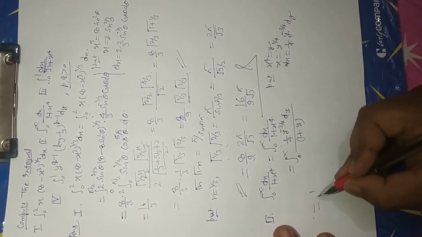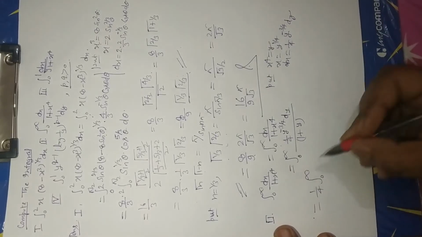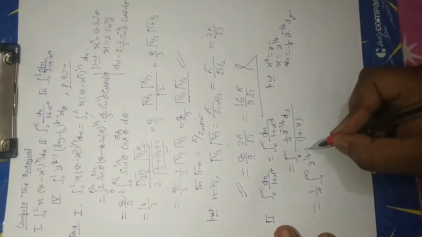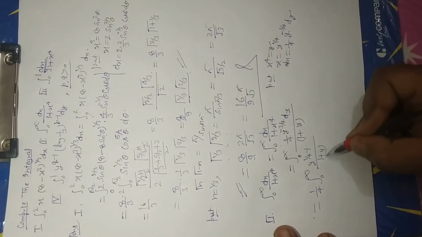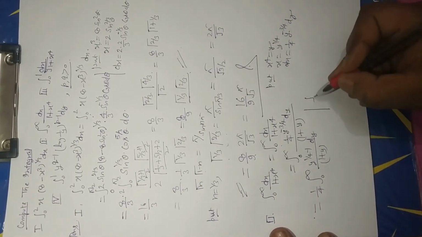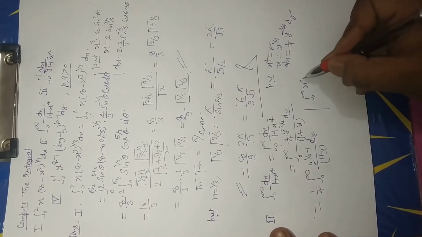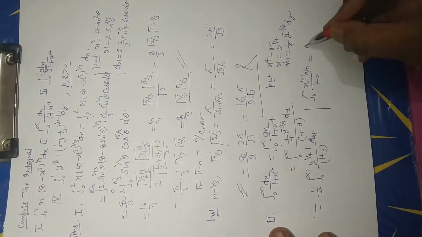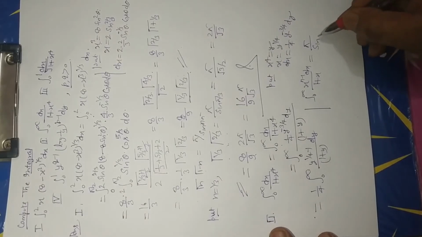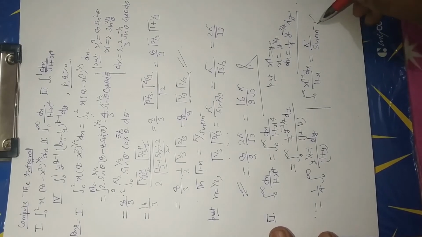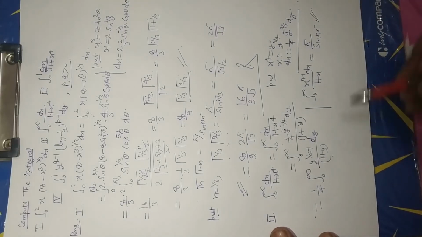This is equal to 1/4 integral limit 0 to infinity y^(1/4 − 1) upon (1 + y) dy. Since we know that integral limit 0 to infinity x^(n−1) dx upon (1 + x) is equal to π / sin nπ, by using this formula in this position, we get the value of the integral.